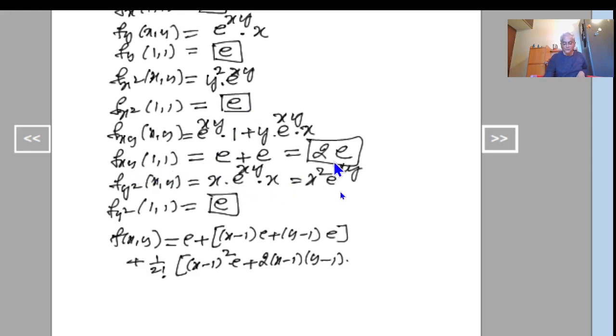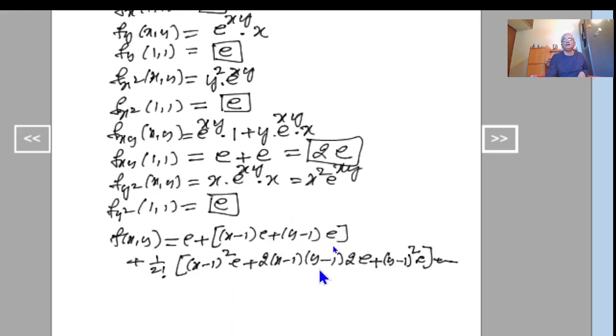Fxy is equal to 2e. This is a 2 into e plus y minus 1 square into fy square. Fy square is equal to e. Okay, plus so on.